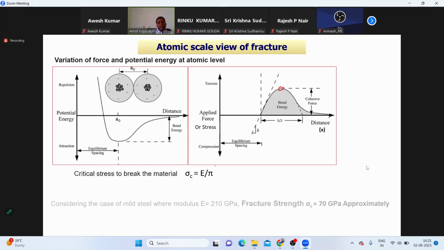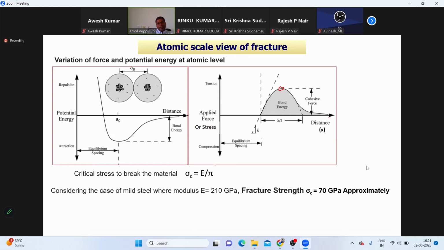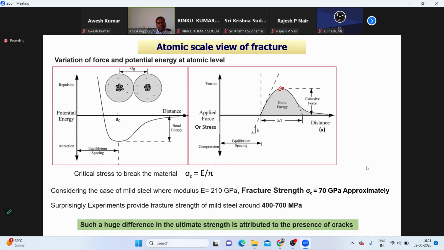If you take, for example, mild steel, which has an elastic modulus of 210 GPa, the fracture strength from this formula comes out to be 70 gigapascal, which is highly impractical, because in real life the strength at which a mild steel specimen breaks is 400 to 700 megapascal. So clearly the atomistic modeling approach to predict the critical stress at which a crack will start to propagate is highly unrealistic. Then people started looking at continuum models following the theory of elasticity approach.